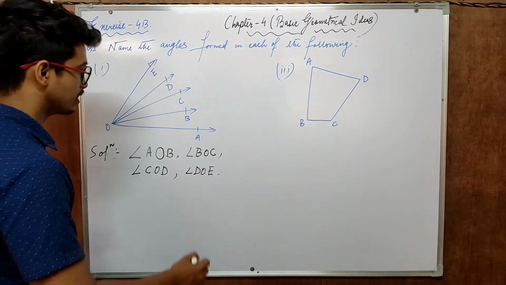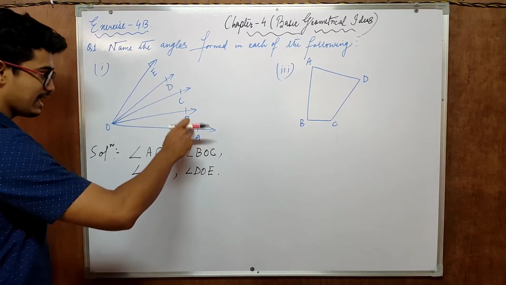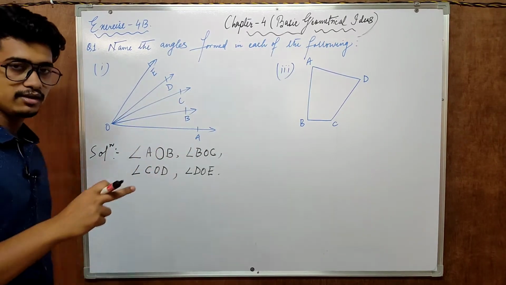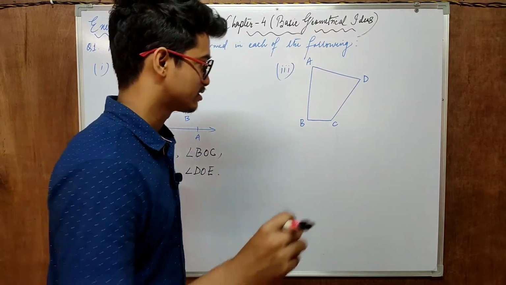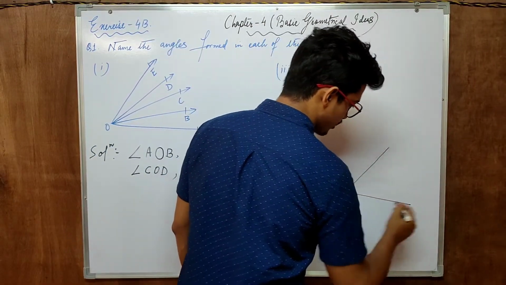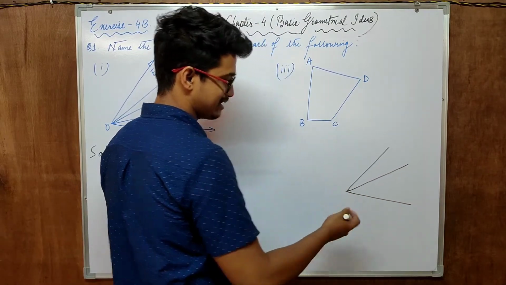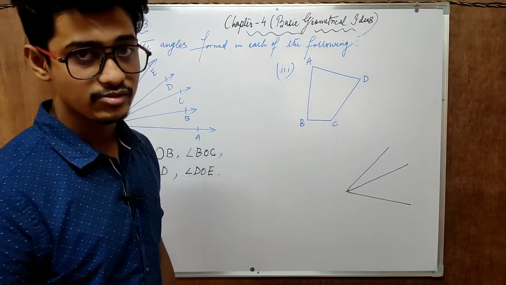So now the question is, is there any angle that is left? Yes, absolutely. Because if you just observe it carefully, A and C also have one common point. So now the condition looks like there is one bigger angle, and this is the next condition. All right. So in this particular figure, how many angles are forming?